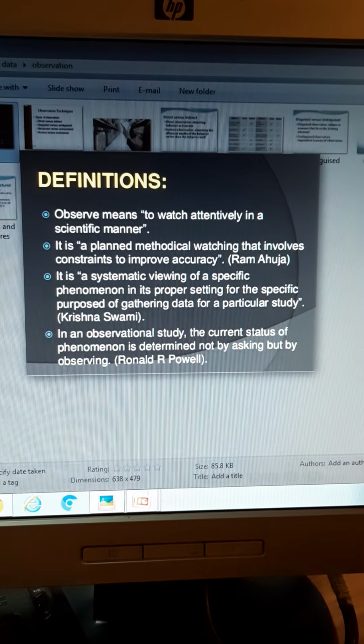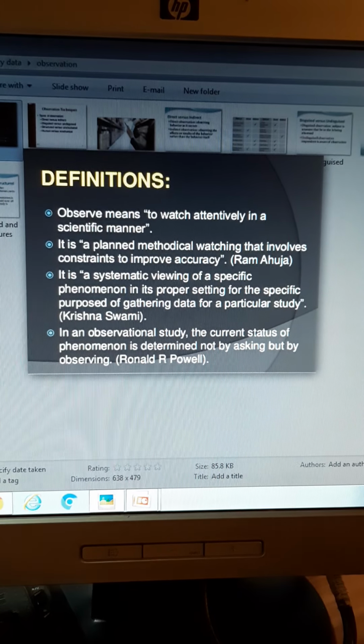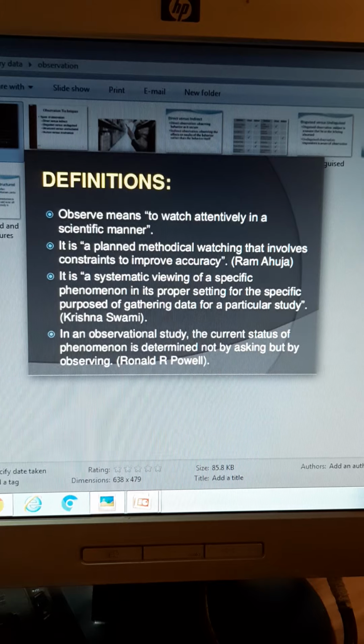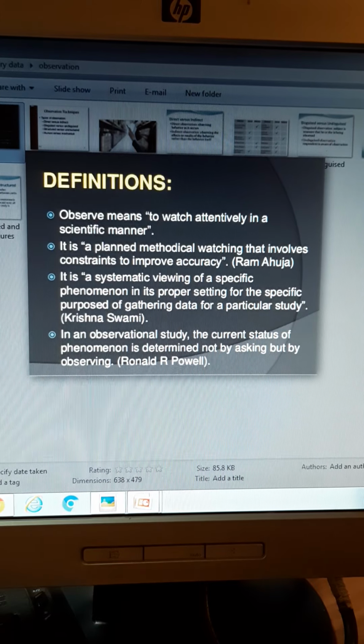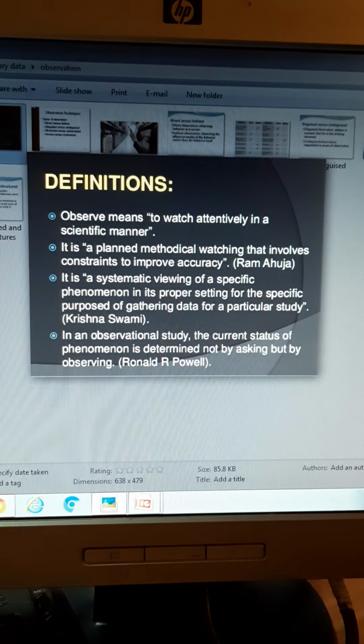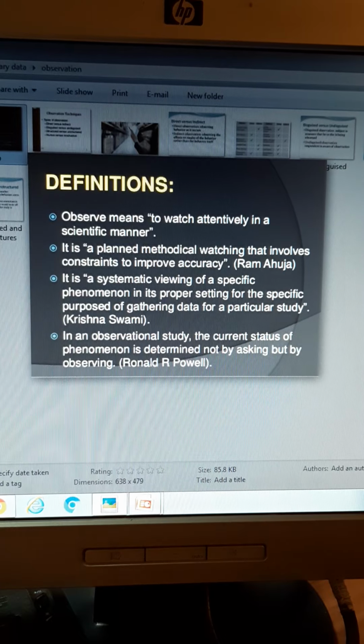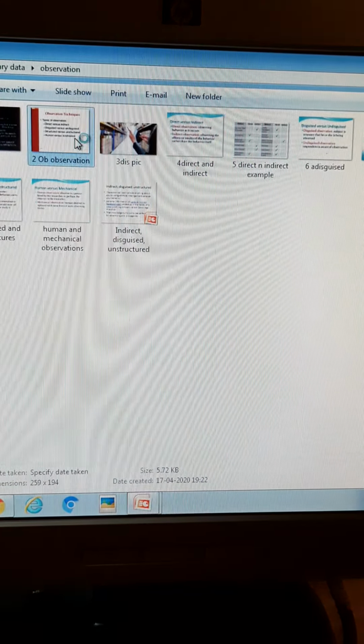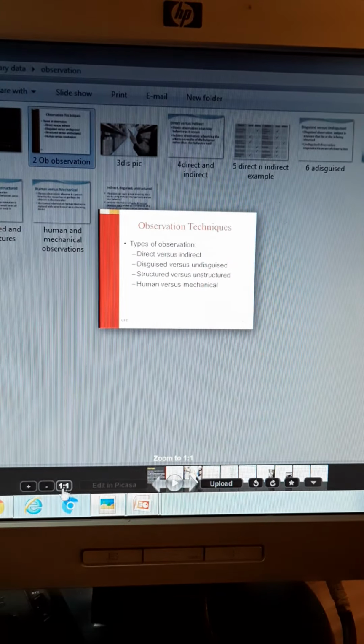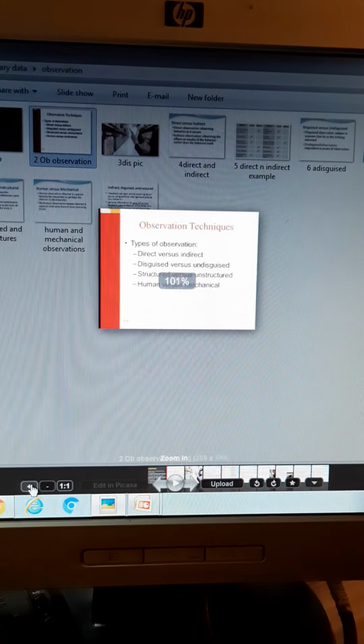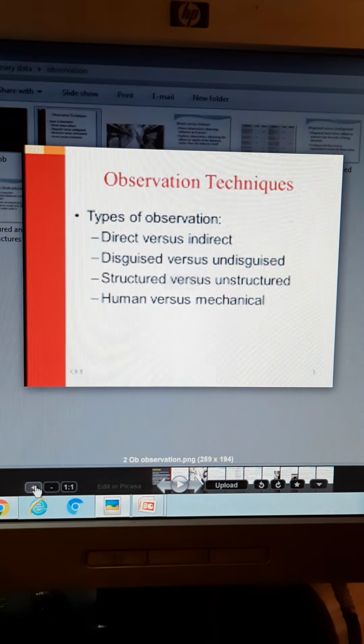Certain other things, it is better that you do an observation. So it depends on your research problem, your research definition. Based on that, your methodology should be chosen. Right.